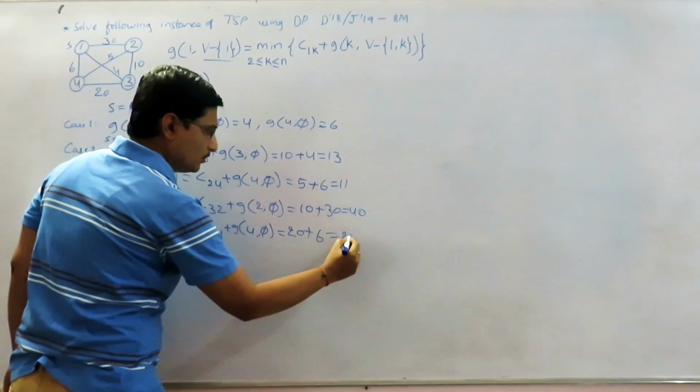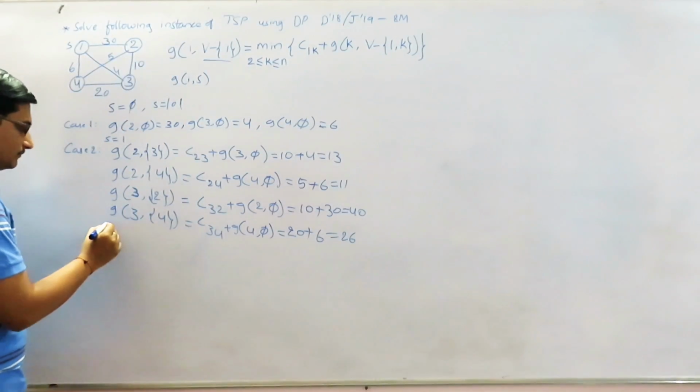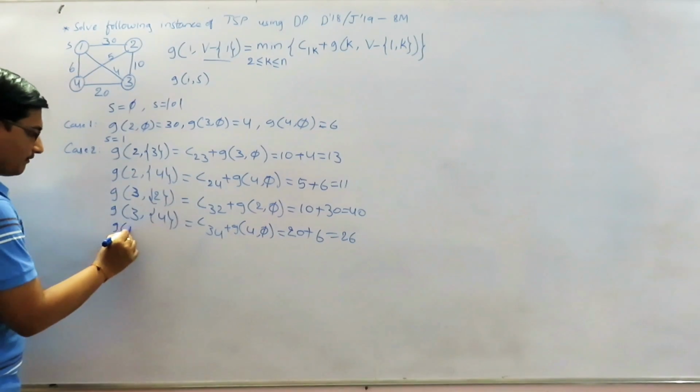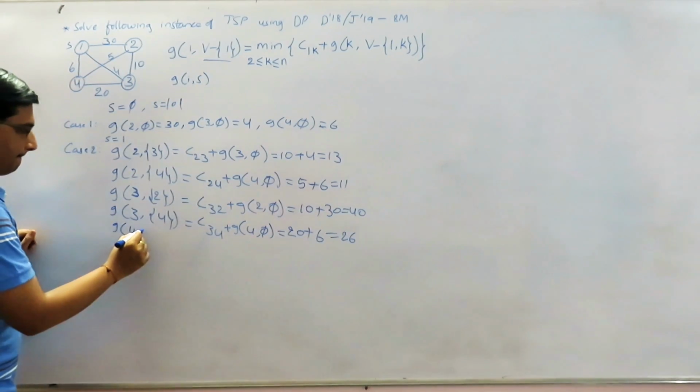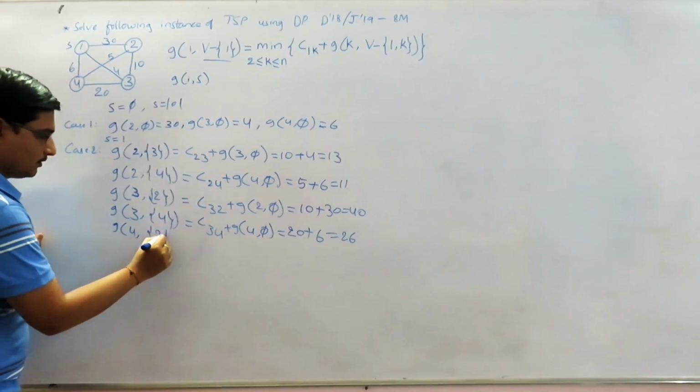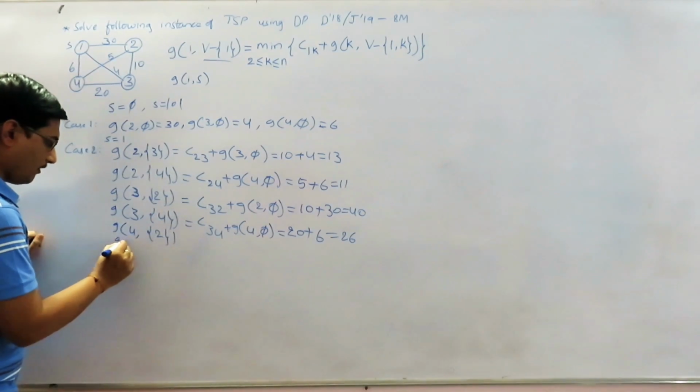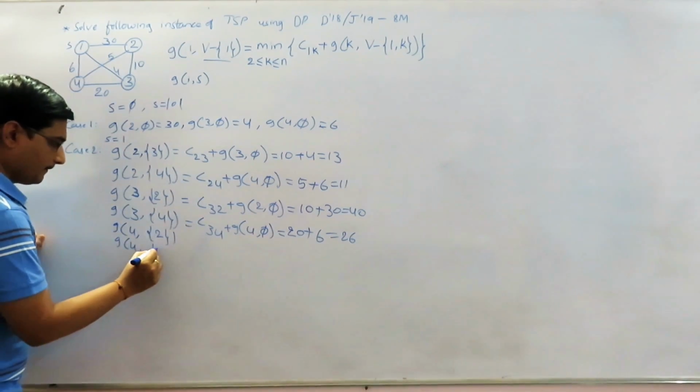So this is equal to 26. Similarly, G of 4 comma 2 we need to find, and G of 4 comma 3.